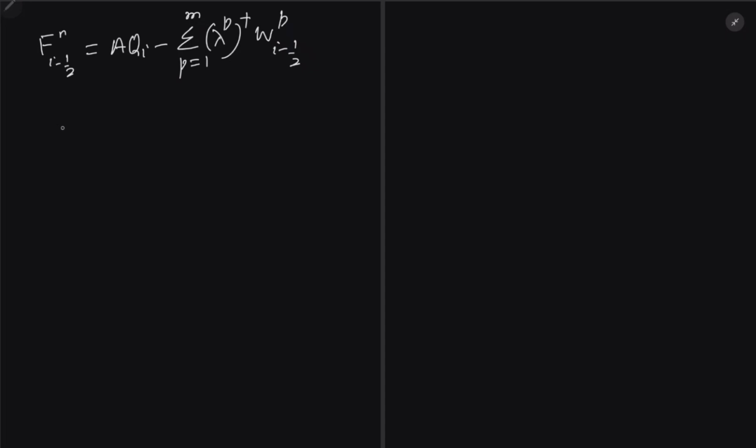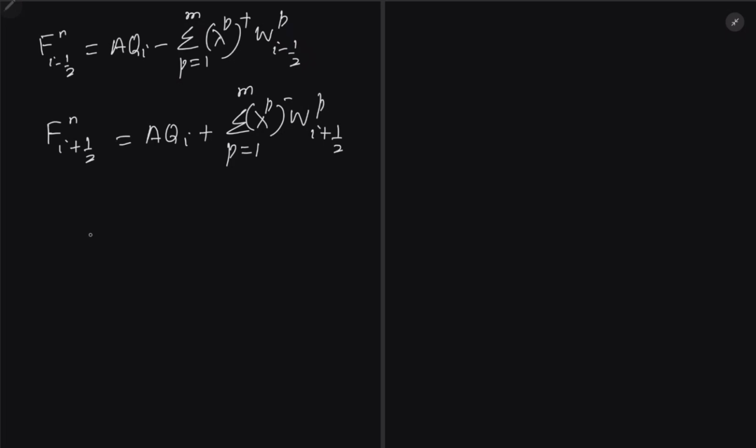So the flux can be written, for i plus 1/2, as F^n_{i+1/2} = A q_i plus the sum from p equals 1 to m of lambda p negative W^p_{i+1/2}, and so on and so forth. That's how we write the fluxes.